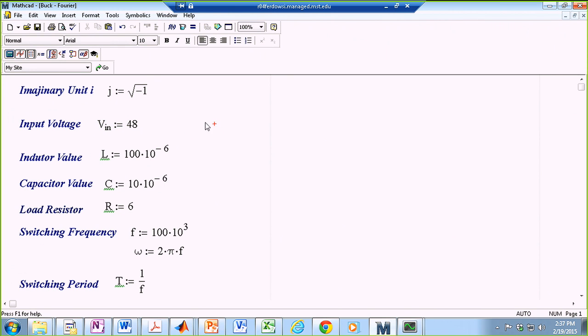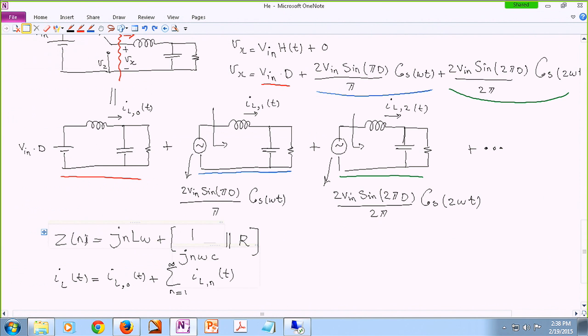For instance, we are defining J, which is the imaginary number, the square root of -1. Here, the input voltage of my buck converter is 48 volts. The inductor is 100 micro. The capacitor is 10. Load resistance is 6. The reason that I'm defining these values is I'm going to define the impedance, and in order to know the impedance, you need L and R and C and things like that.